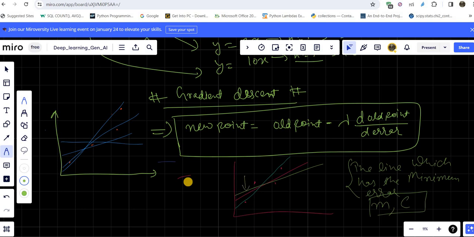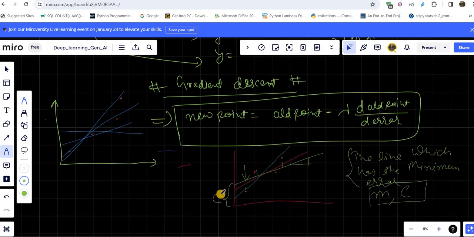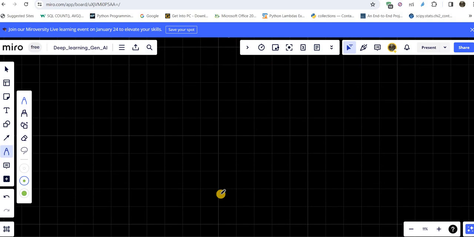If you finalize this line, definitely it has some intercept value and some slope value. That's it. And how to calculate the error? By this. I'll show you the picturization again tomorrow. So this is how it works.